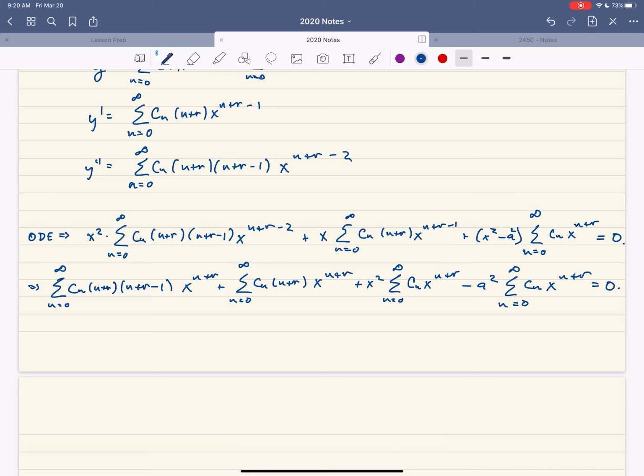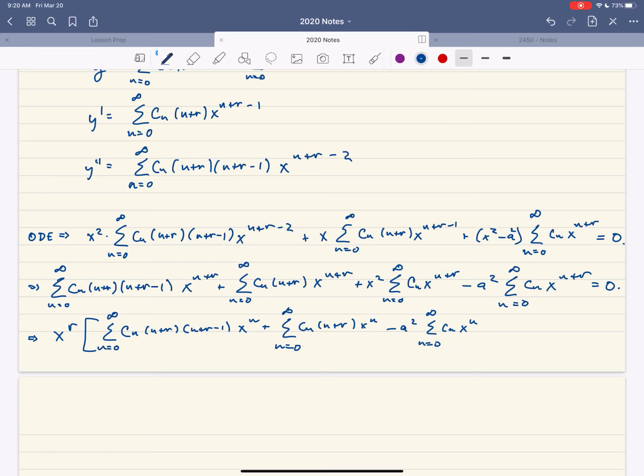So what we're going to do is, first, let's factor out x to the r from all of our terms. So we're going to have x to the r, sum from 0 to infinity, c sub n plus r, times n plus r minus 1, x to the n, plus the sum from 0 to infinity, c sub n plus r, x to the n, minus a squared times the sum c sub n, x to the n, from 0 to infinity.